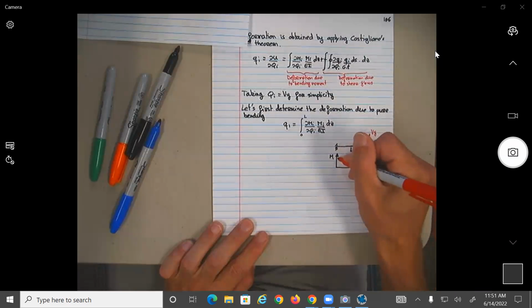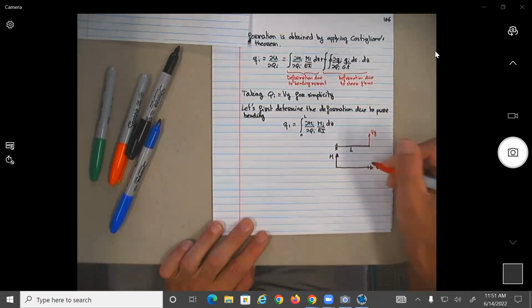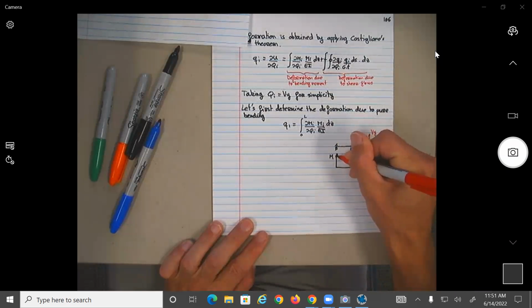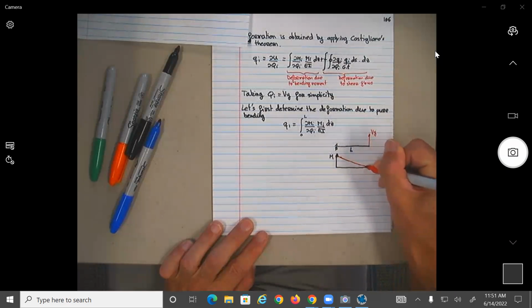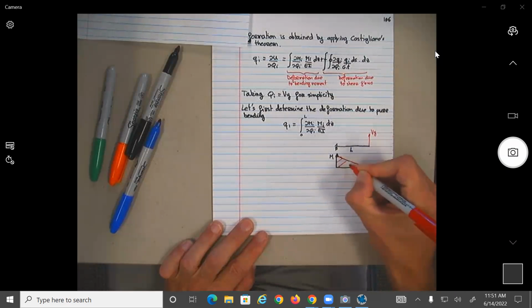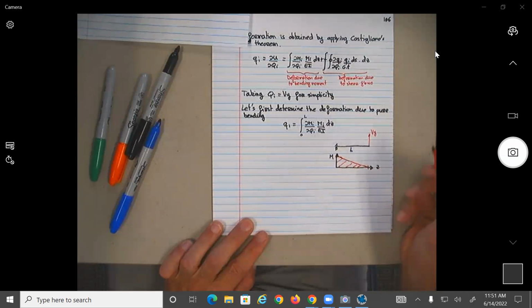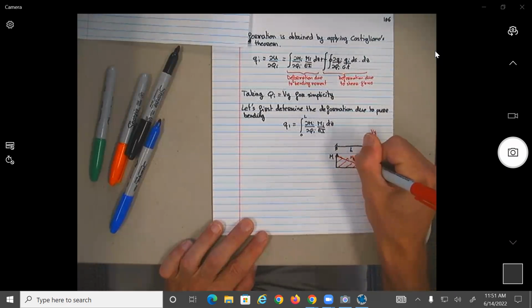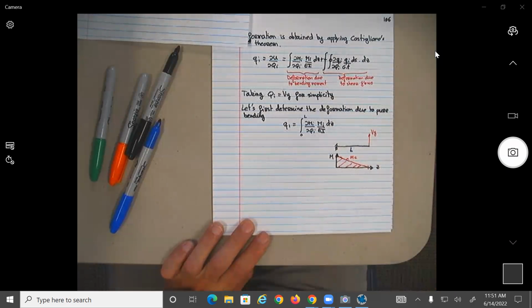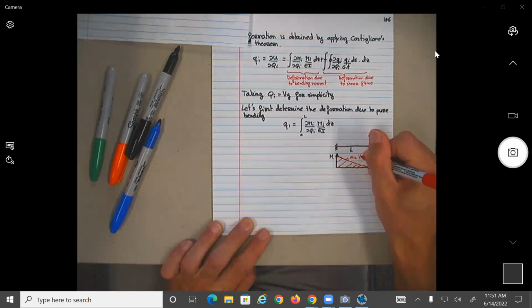At the root. And what should be the value at the tip? 0. So basically, we have a straight line that will be equal to Vy.